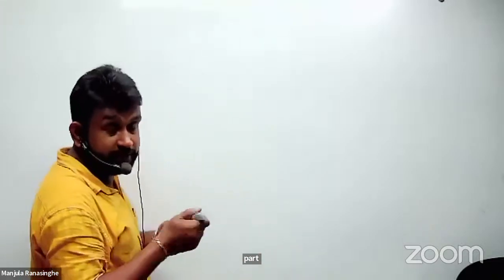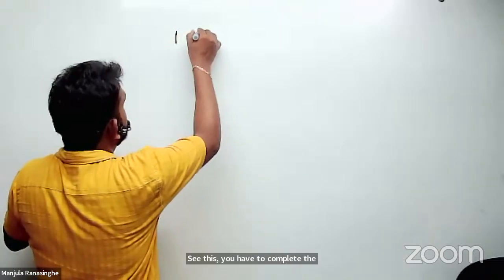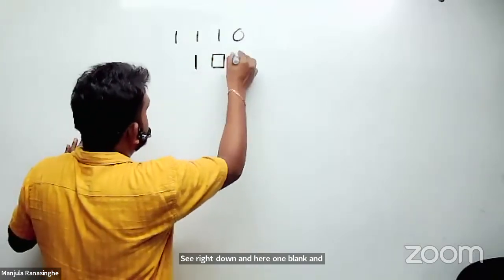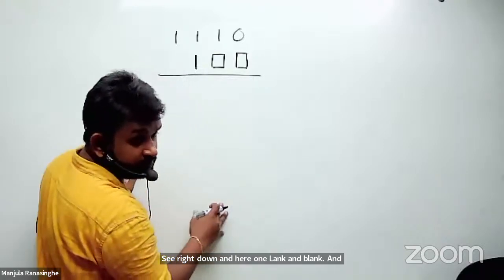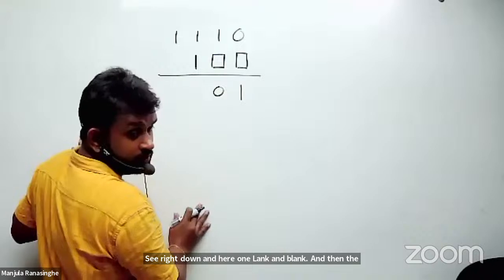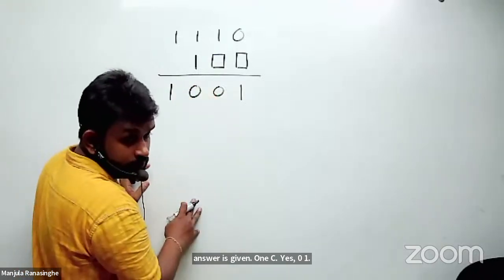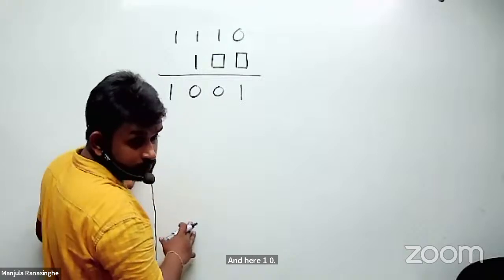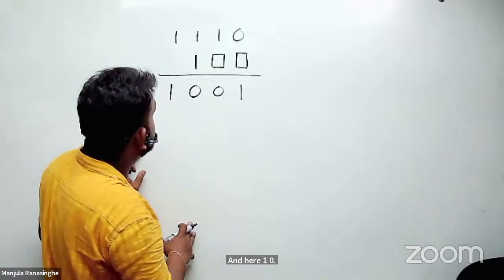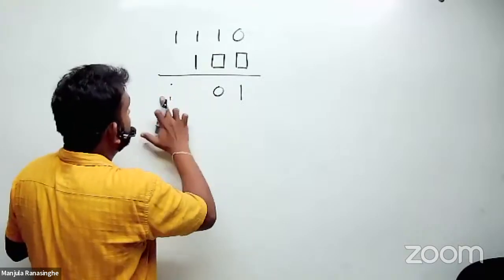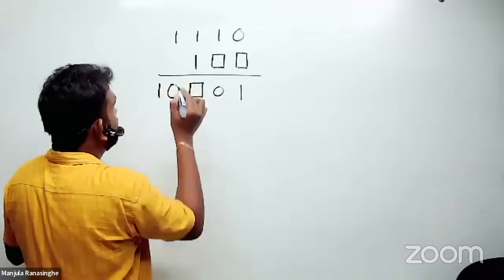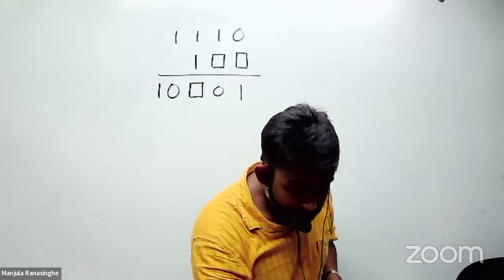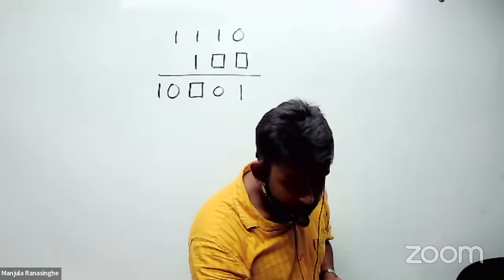See this question, you have to complete the square: 1110, write it down, and here 1 blank and blank, and then the answer is given as 10, here 0 1, and here 10.